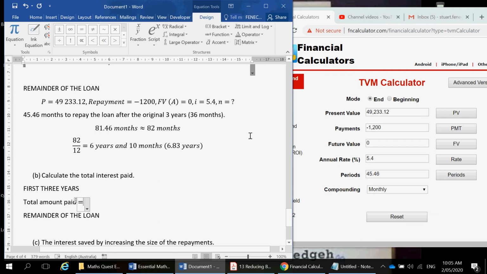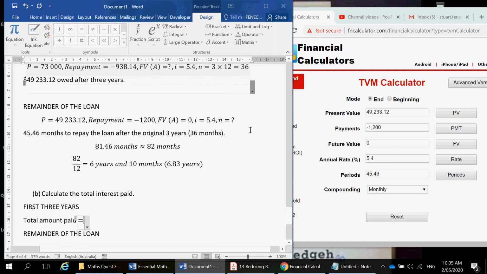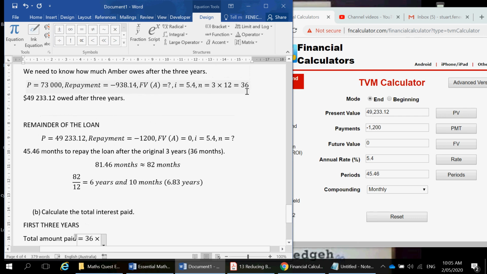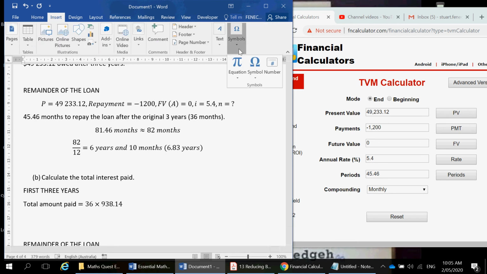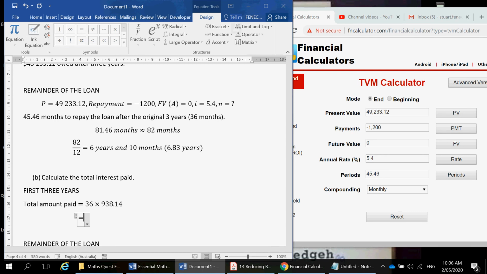In the first 3 years, there were 36 repayments. Remember, 36 months in the 3 years, and for each repayment, it was $938.14. So in the first 3 years, there were 36 repayments of that amount. So we put that in a calculator.